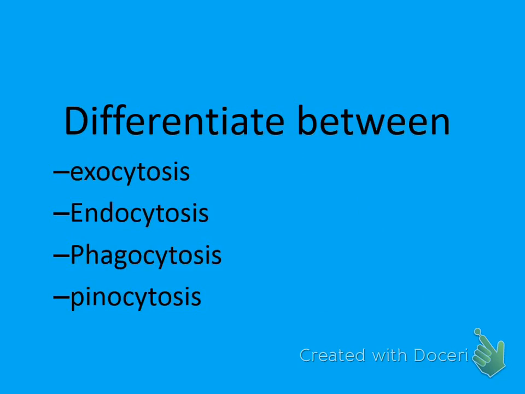Now I can see it better. So what is exocytosis? Anybody know? What's exo mean? Exit? That's a good way to look at it. Exit? Or exo? Outside, right? Exo is outside. How about endo then? Inside, yep. How about phagocytosis?